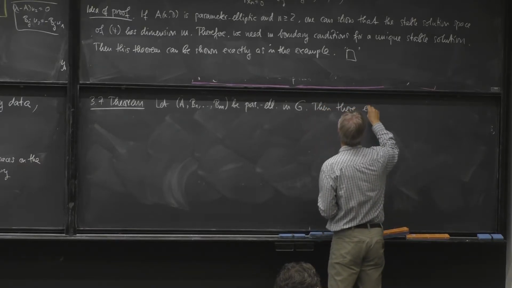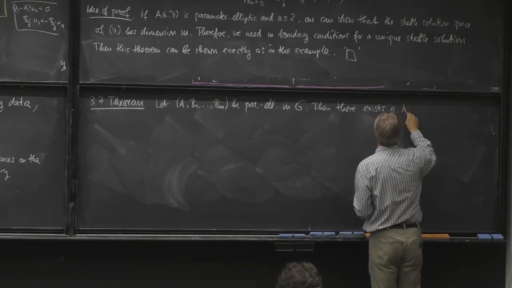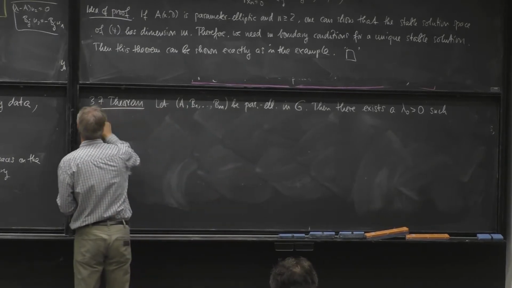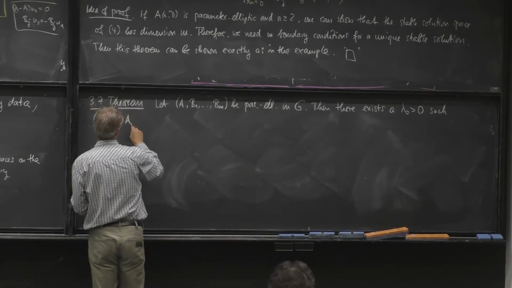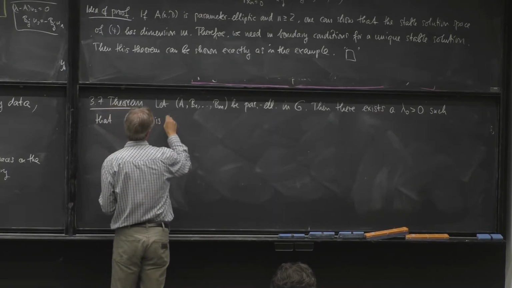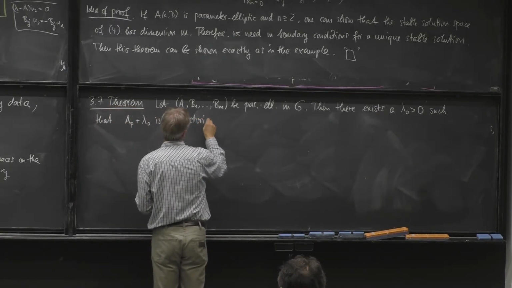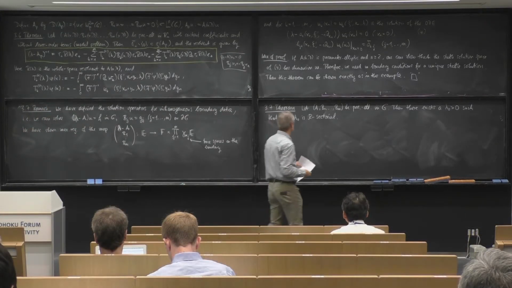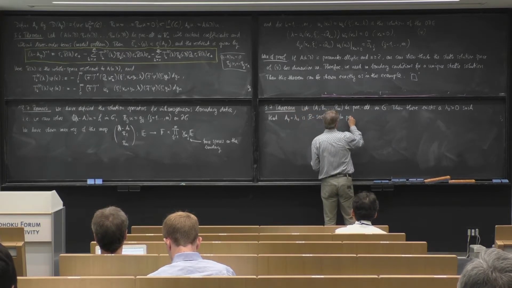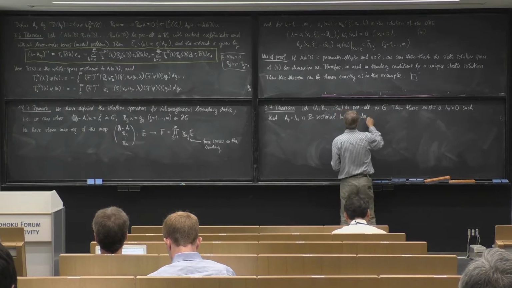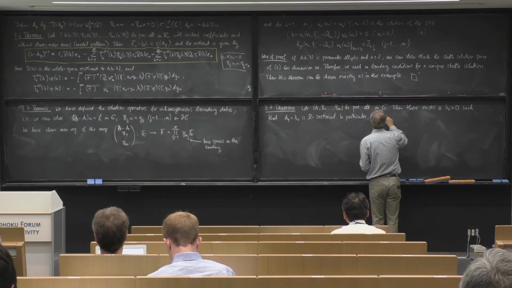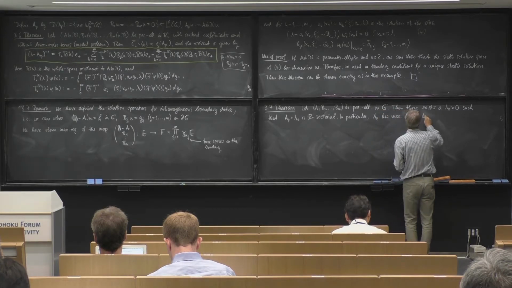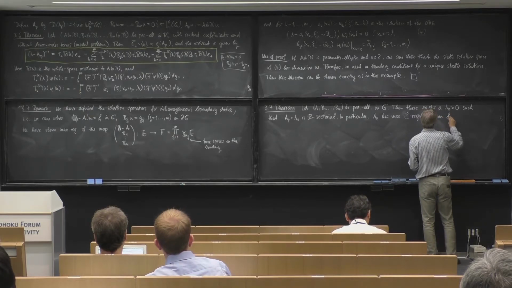Then there exists a lambda 0 greater than 0 such that A_p plus lambda 0 is R-sectorial. In particular, A itself has maximal regularity. In particular, A_p has maximal regularity on finite time intervals.